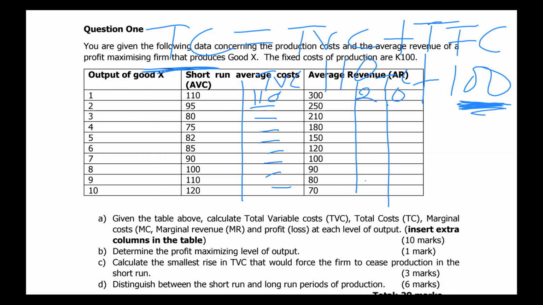I'm no longer writing in detail because I believe you have gotten the concepts. We have tried out this thing again and again. So I'm working under the assumption that this time around you're fine with what you're doing. You know what is going on. We are adding variable cost plus C, the fixed cost, which is just 100 kwacha.